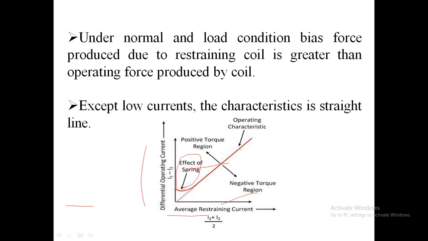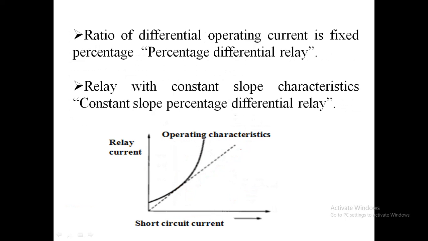In normal and load conditions, the biasing force due to the restraining coil is greater than the operating force, and the relay remains inoperative. In fault conditions, the operating force exceeds the bias force, and the contact closes to open the circuit breaker. The bias force can be adjusted by varying the number of turns on the restraining coil.